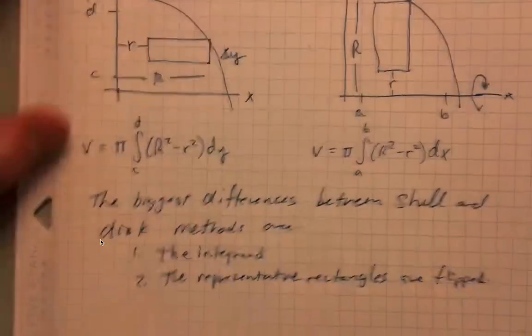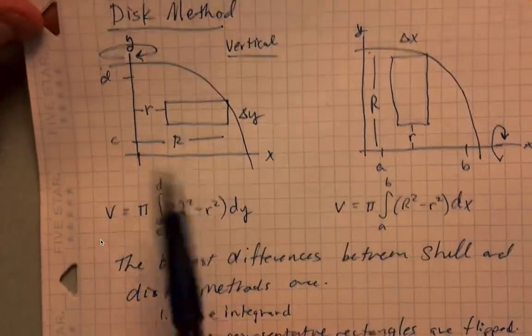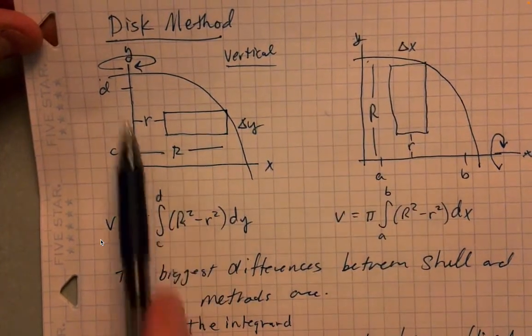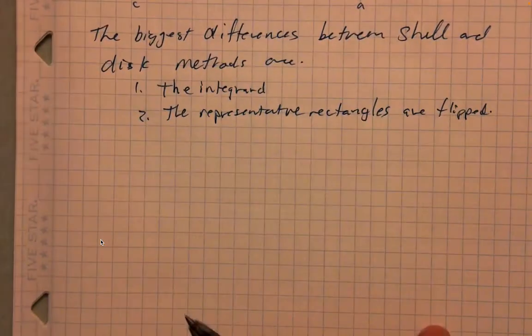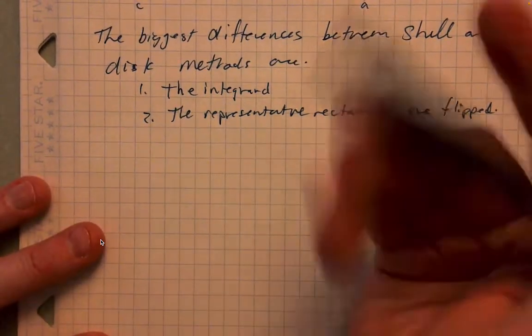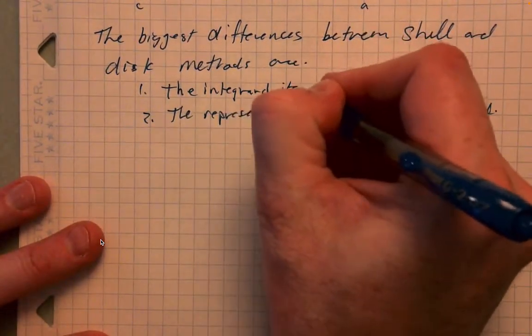Here, the representative rectangles were perpendicular to the axis of rotation. In the shell method, they're parallel to the axis of rotation.